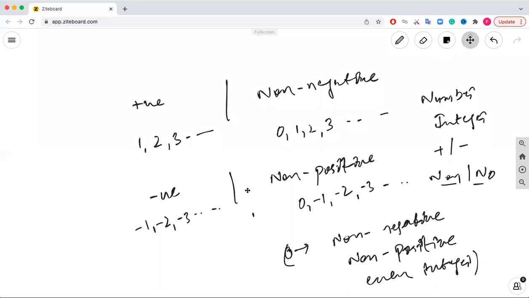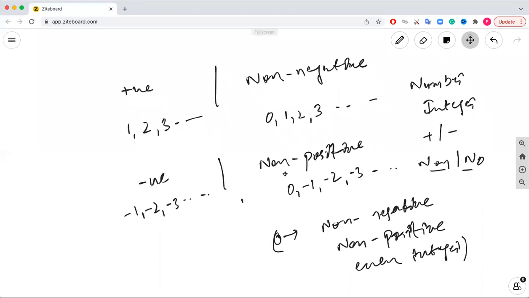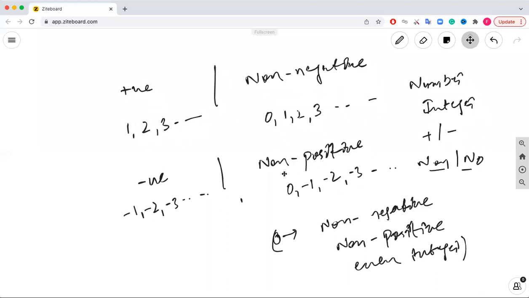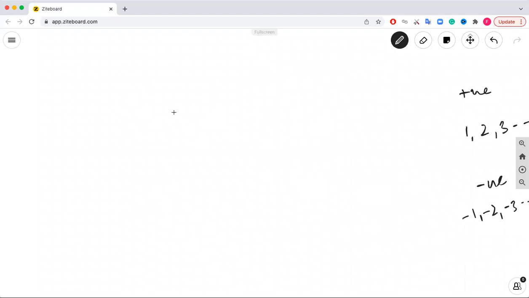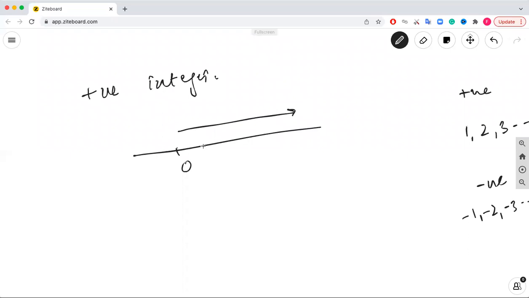Can you please repeat it? Which part? Positive and non-negative. When we talk about the positive integers, if we have a number line, this is 0. On the right side of the 0, we will have positive integers that will be 1, 2, 3, 4, and 5.